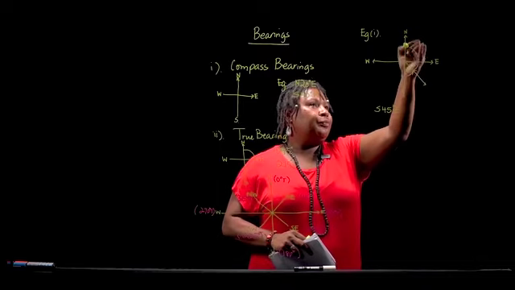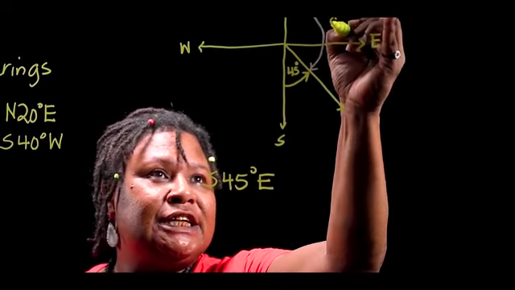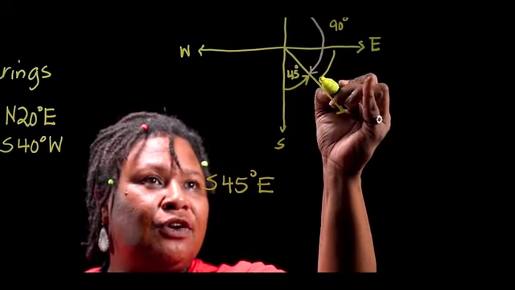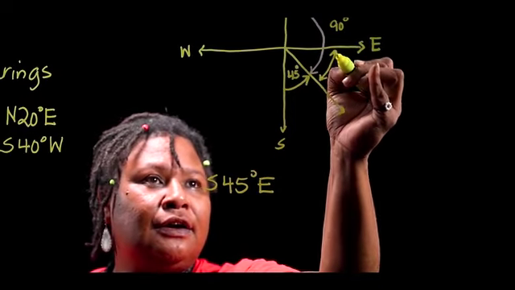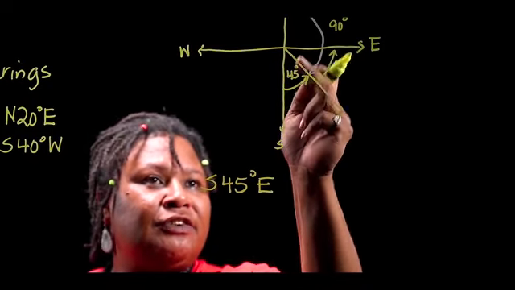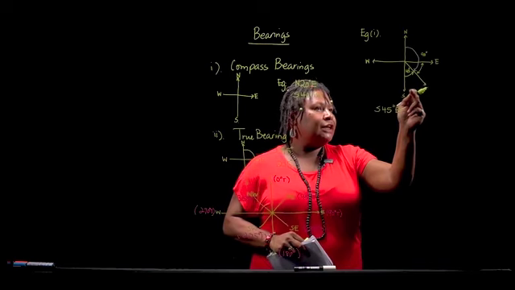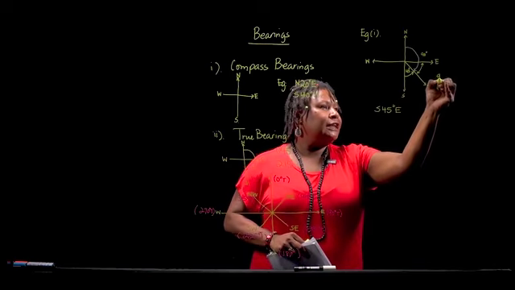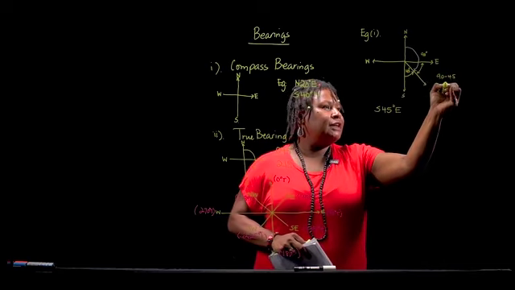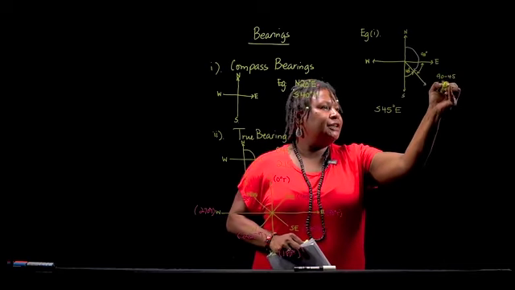Okay, so we have 90 degrees here already, and we need to find this angle here. We already know that this quadrant is 90, so 90 minus this 45 here will give us 45 degrees.